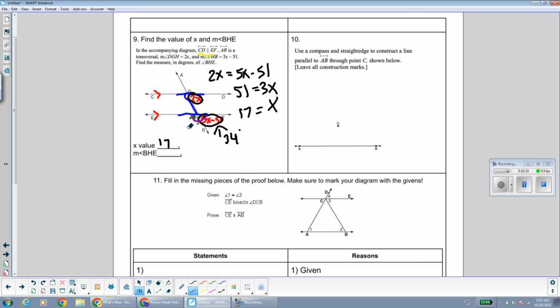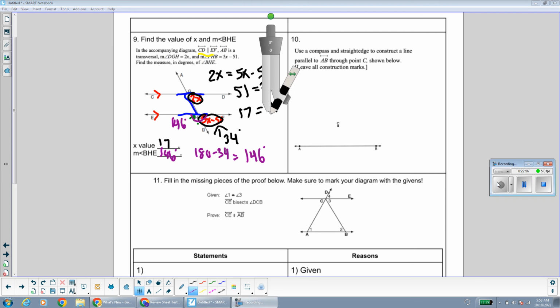These two angles next to each other are supplementary. 180 minus 34 is 146 degrees. So this angle over here would be 146 degrees.